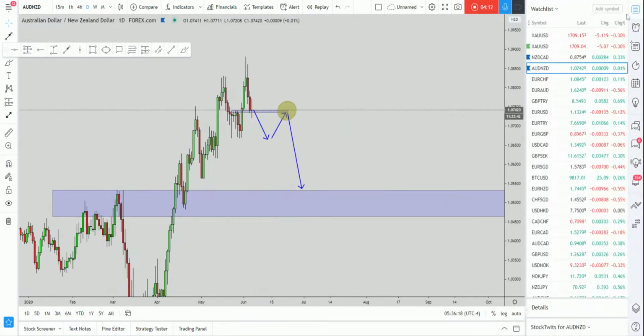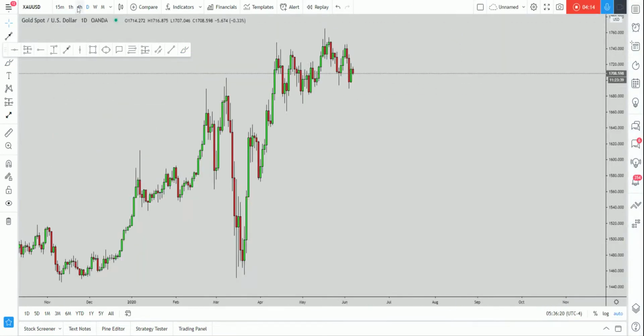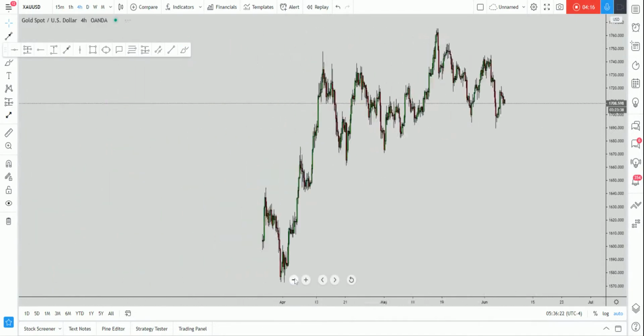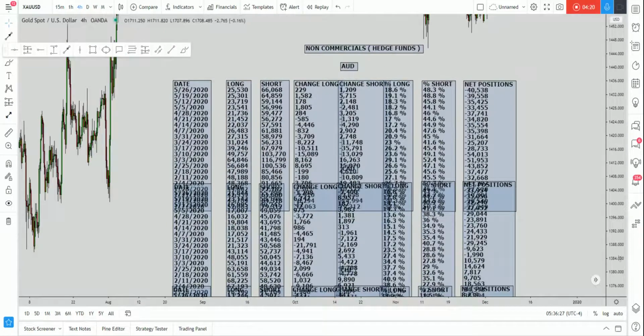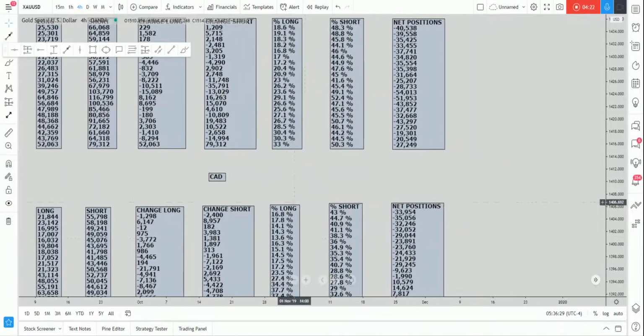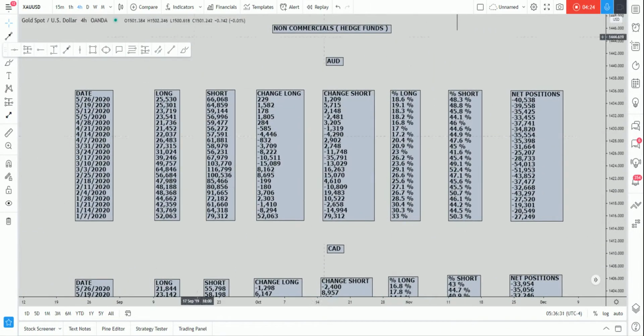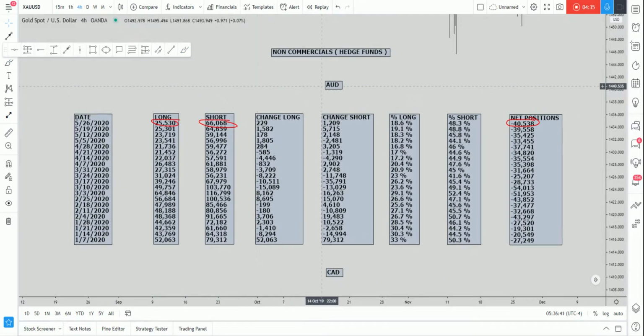Now, just a quick check at what we have from a COT perspective, so commitment of traders, what hedge funds are currently doing in the market from an AUD and NZD perspective. Let's see what we have. Now, from an AUD perspective, we currently are sitting at minus 40k net positions. So we have shorts that are greatly outweighing longs from an institutional perspective on the AUD.